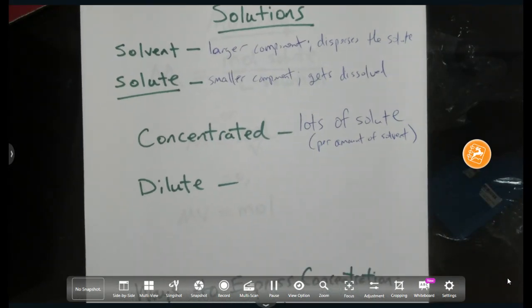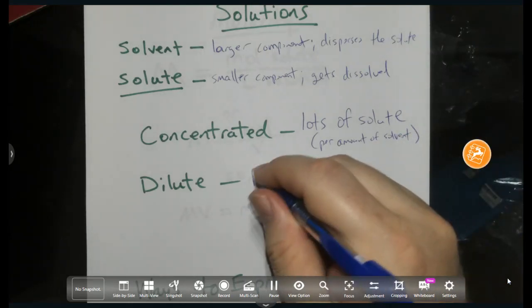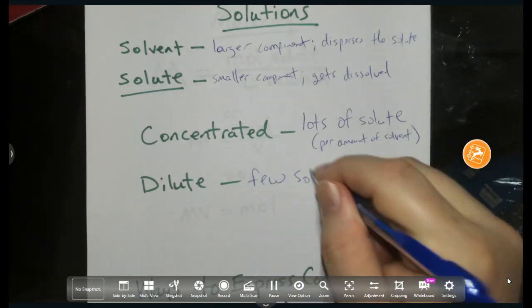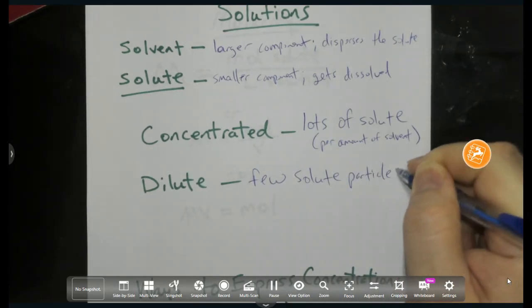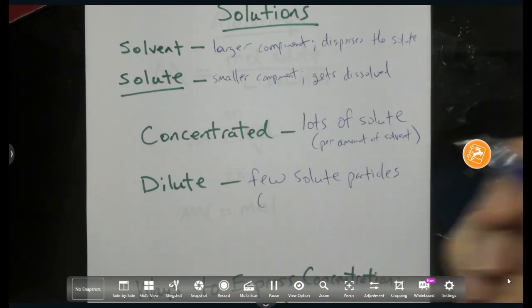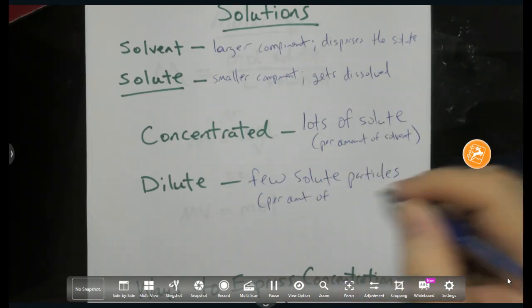Now when we say something is dilute, that means that's the opposite of concentrated, and then you have few solute particles. And then I'll put the disclaimer there again, per amount of solvent.